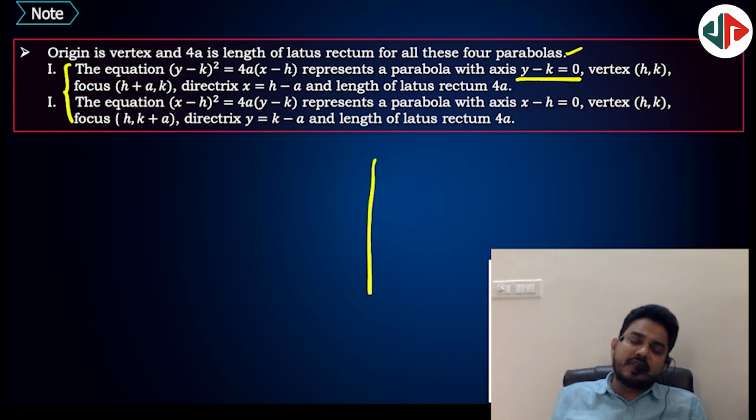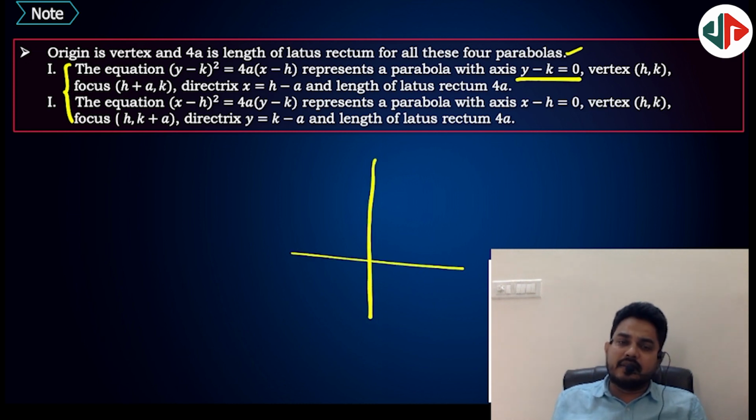You have these coordinate axes. Somewhere here you have h comma k. This is a parabola.